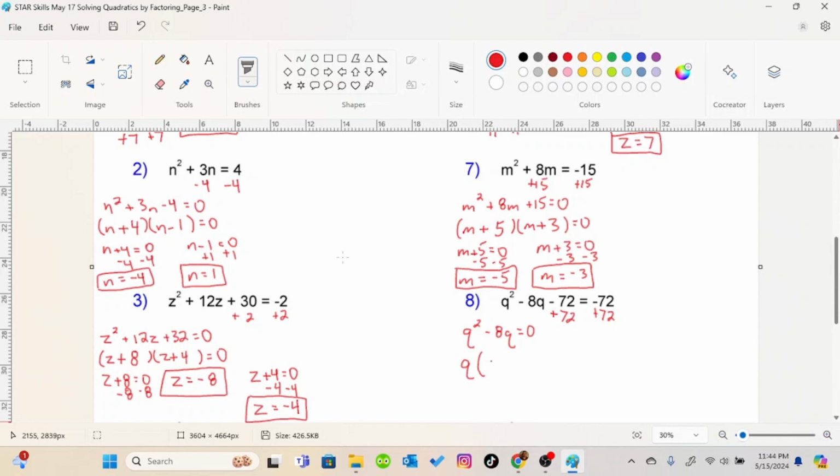Q squared divided by q equals q, and negative 8q divided by q equals negative 8. So now we'll take q, set it equal to 0, and we have our first answer. Then we'll take q minus 8, set it equal to 0, add 8 on both sides, and q equals 8.